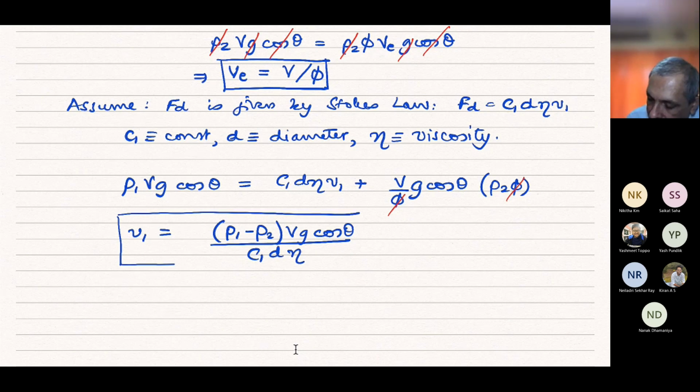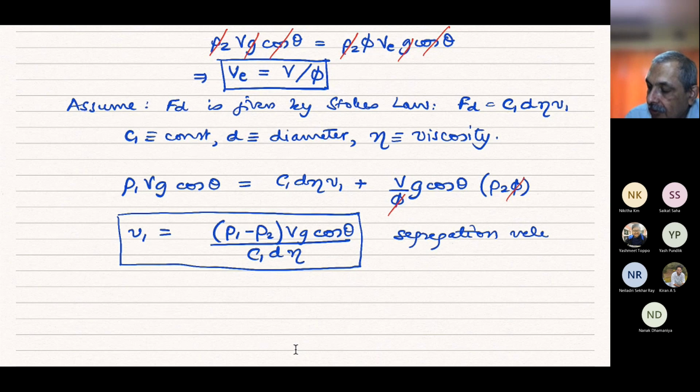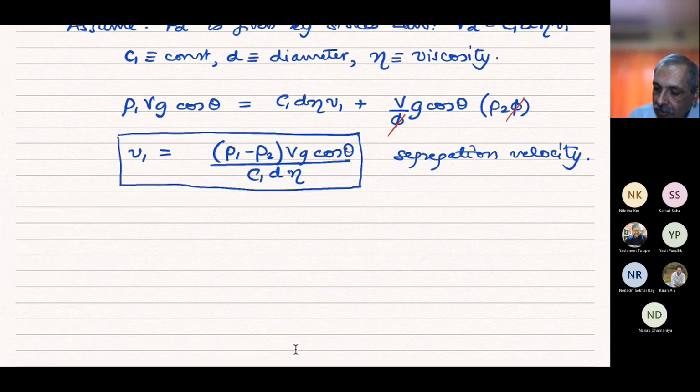So this gives us what we can call the segregation velocity. So this is for a single particle that is falling in the system. And in fact, if we take the velocity inside, then we can write it in terms of the mass of the particles.